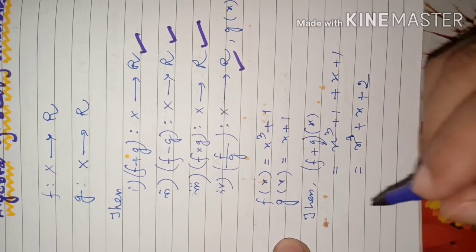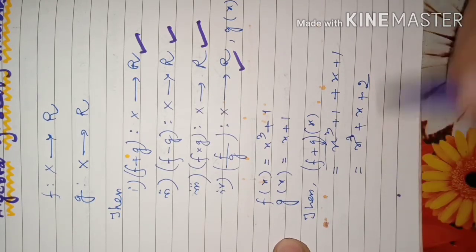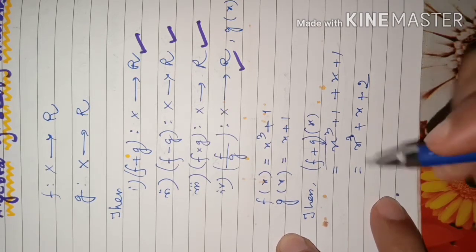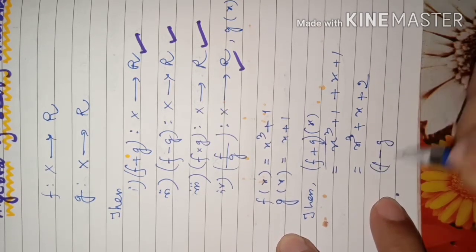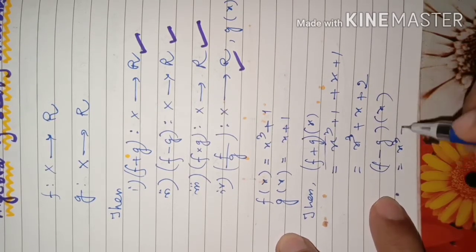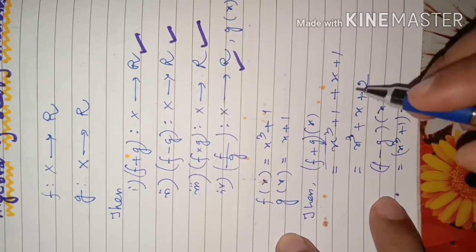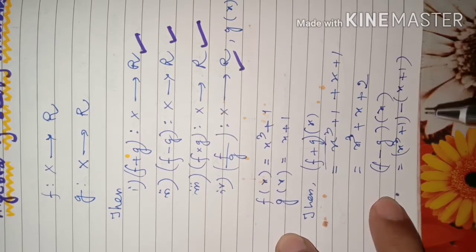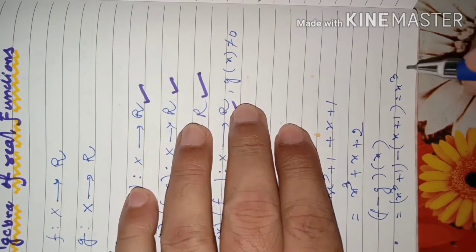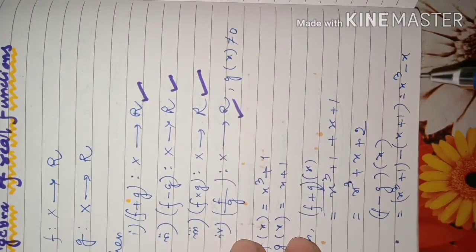If we need to find f minus z, we can find it like this: f minus z of x is equal to x cube plus 1 minus x plus 1. The 1 cancels, so it will be x cube minus x. This is the f minus z function.